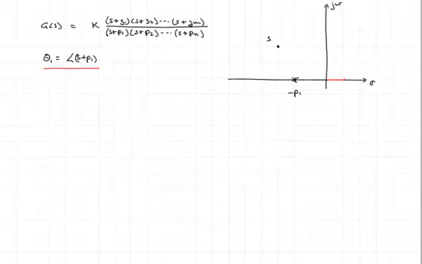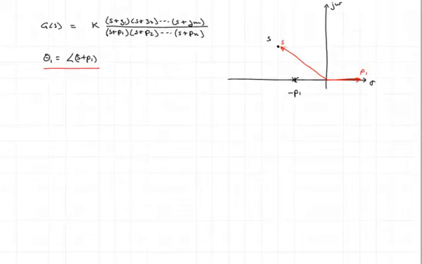So first, what is p1? If we plot p1, p1 is a vector that would start at the origin and point to p1. p1 is going to be positive, right? Because we're assuming that the actual pole at minus p1 is on the negative real axis. The vector s is simply a vector going from the origin pointing to our test point s.